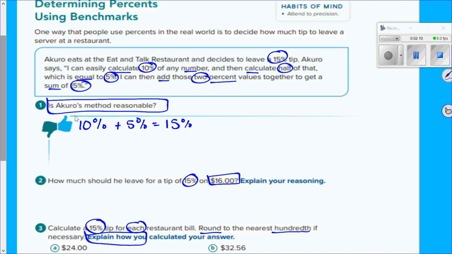So how do we find 10% of a number? Axel? No. Okay, how do we find 10% of a number? You divide the number by 10. There's an easier way.